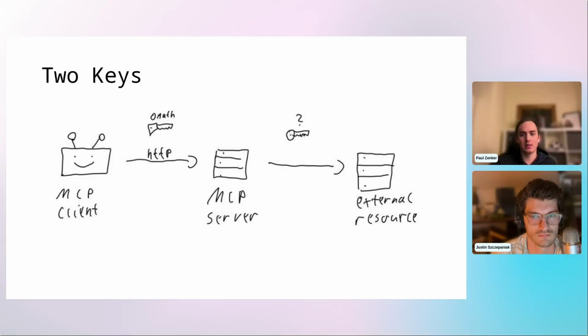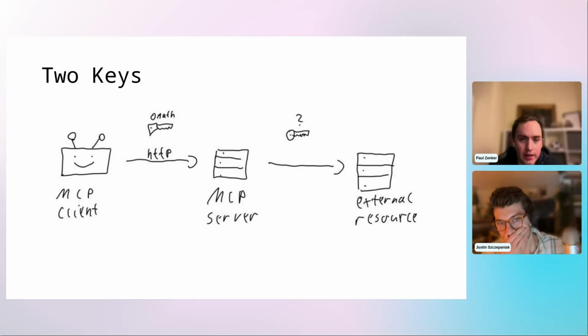and you also have an authentication between the MCP server and the external resource in many cases, because that is kind of where the identity of the user using the AI tool and then actually the MCP server, where that needs to be identified or verified against the external resource.